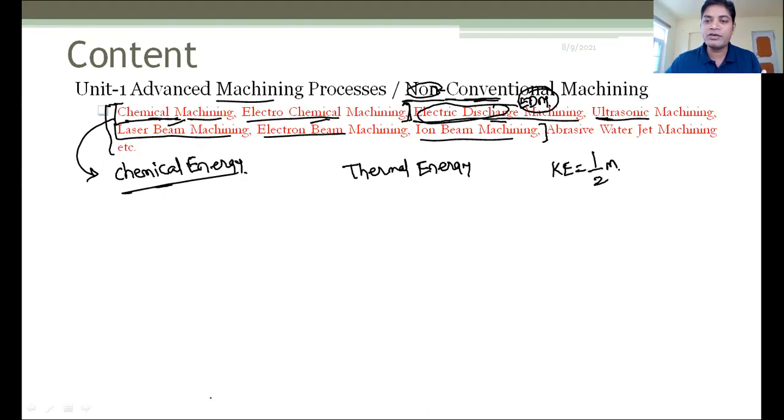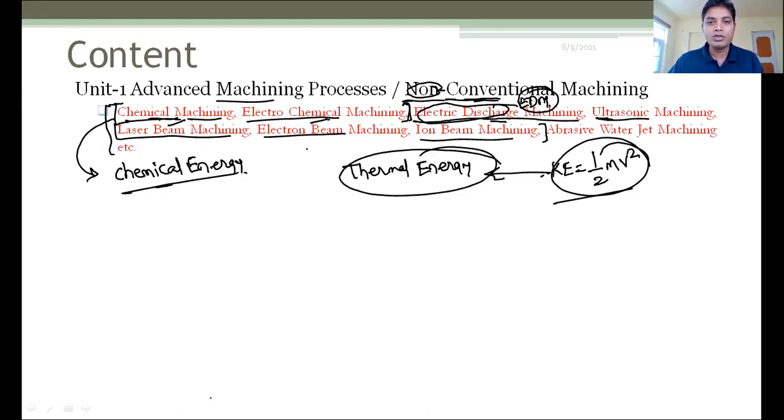Any particle with very high velocity has very high kinetic energy, and this kinetic energy is converted into thermal energy. So LBM, EBM, and IBM are based on thermal energy consumption.